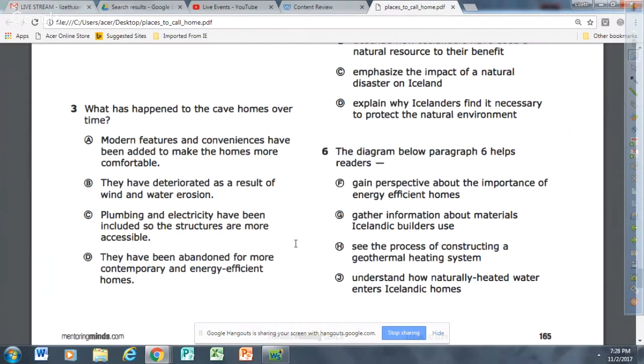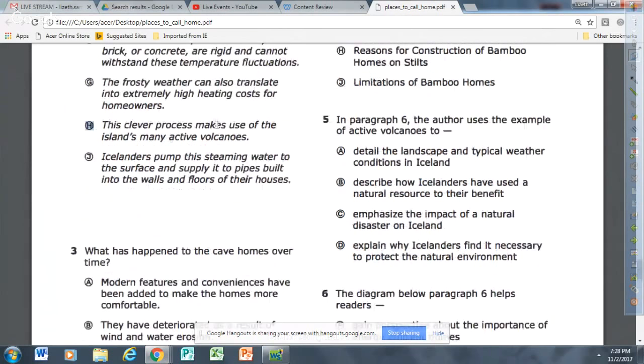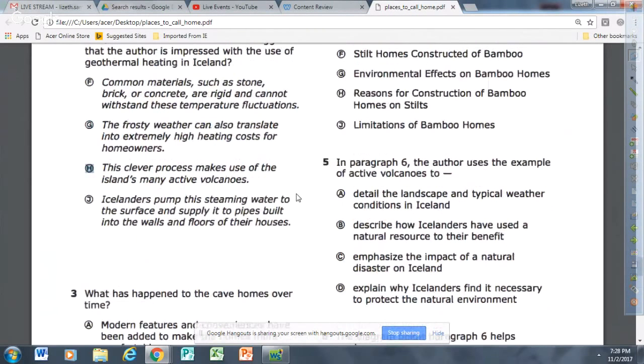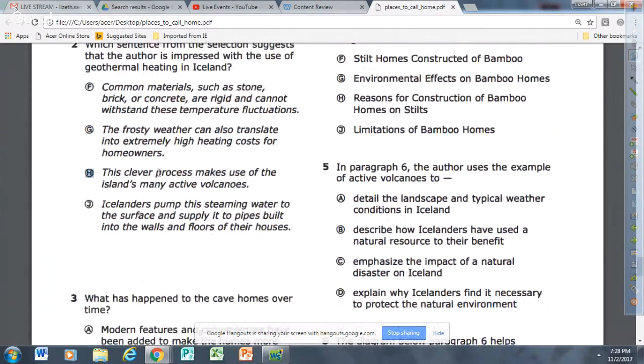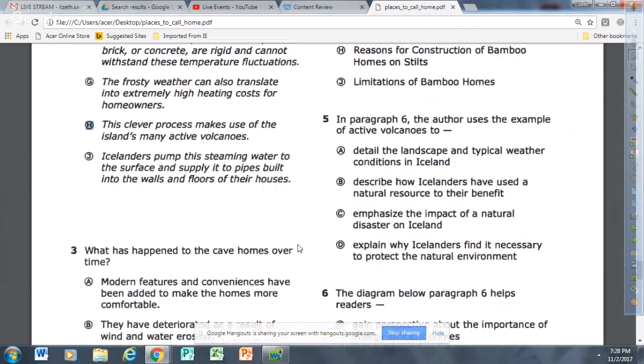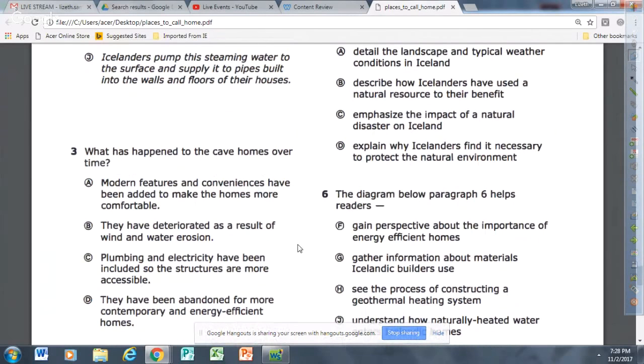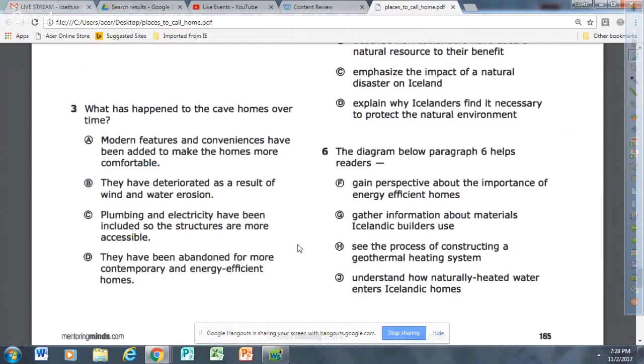It's understanding it and having practice with it, and then also understanding the question and really analyzing all the different choices. I think the fact that he said impressed, and this has the word clever, training your mind to look at those keywords to give you hints for the answer is how you're going to improve upon your grades. And again, if we don't do well, we can always do corrections and go to tutoring to see where our mistakes were so we can learn from them. Remember, it's about grit and getting up and trying again.